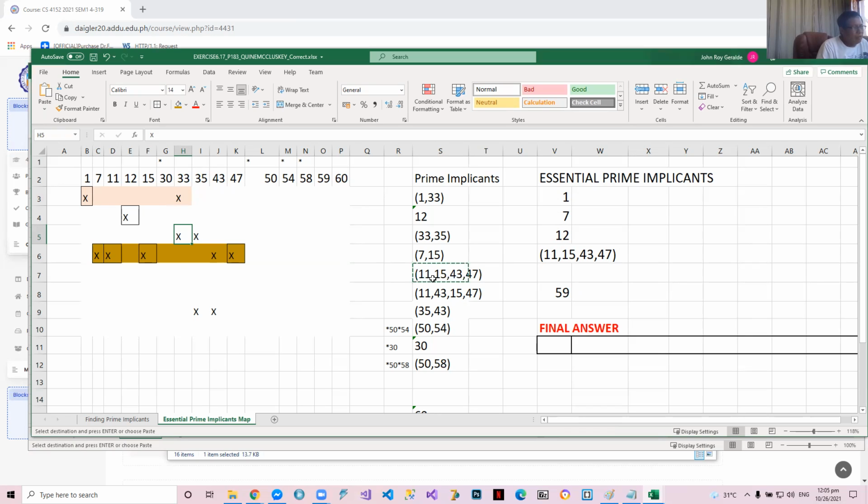Because we haven't covered, but we have covered 33 and 35. Where did we cover 33 and 35? Hindi pala natin sinali, no? Essential prime implicant pala itong 35. It's not. Kasi dalawa sila dito. 33 is already covered. So we have to cover 35.